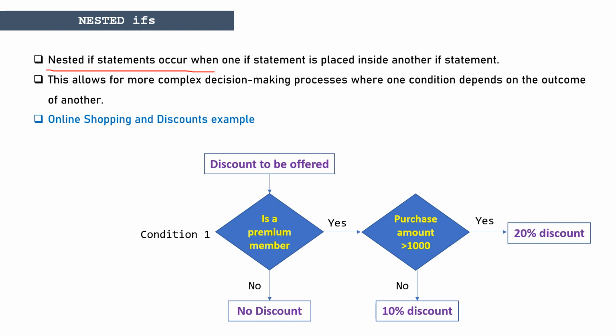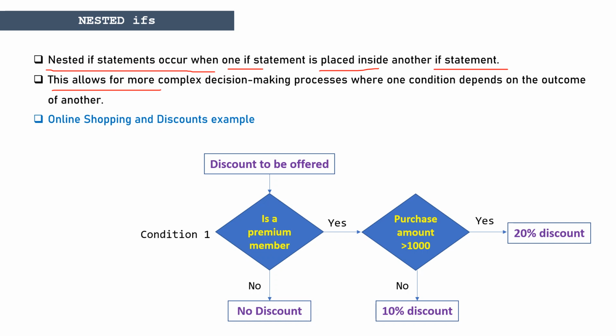Nested if statements occur when one if statement is placed inside another if statement. So there will be one if statement at the outside layer and one or more if statements inside it. That is called nested ifs. This allows for more complex decision-making processes where one condition depends on the outcome of another.